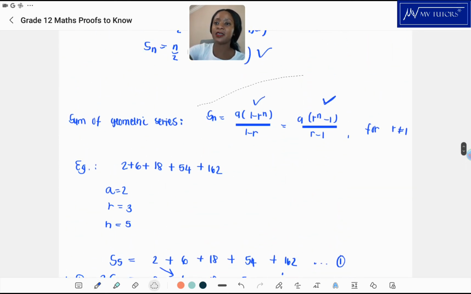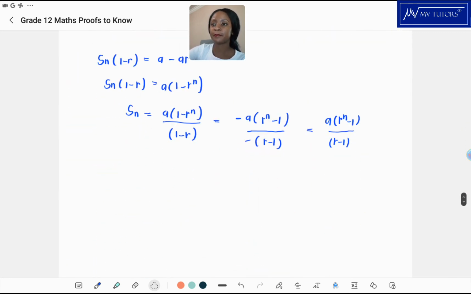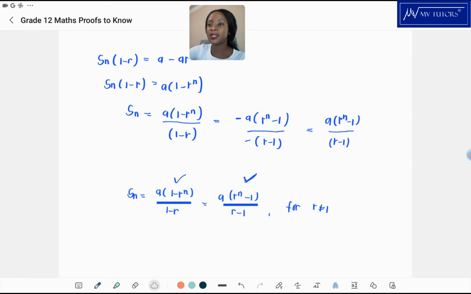Let's put them next to each other. And the condition is there as well, that r should not be equal to 1. We shouldn't forget to put that condition. So we have already proved the first one, and the second one as well.